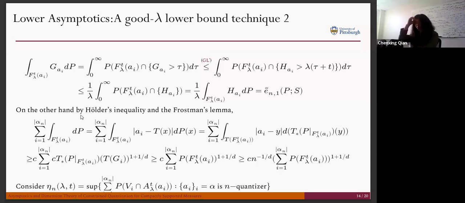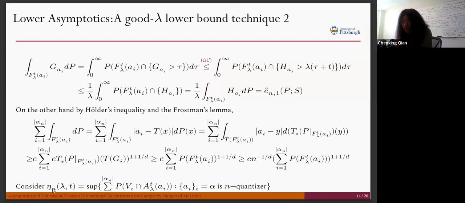On the other hand, we can use Frostman's lemma and Holder's inequality to find the lower bound of the integral of GAI here. So we can see that the quantization error term, n to the power negative 1 over d, naturally emerges here.